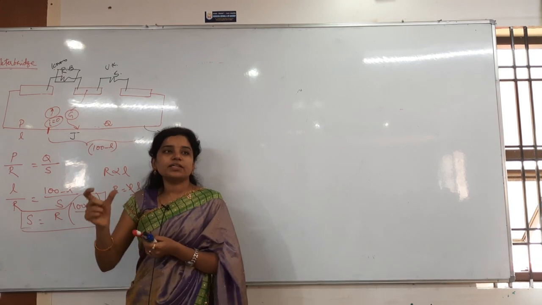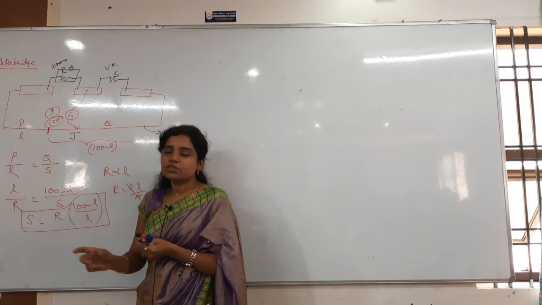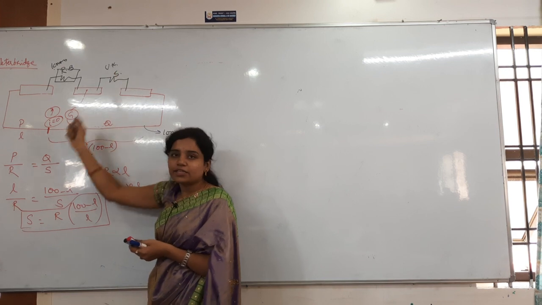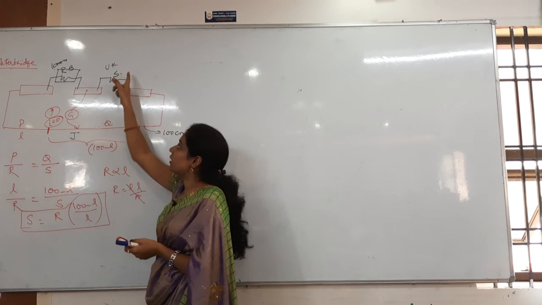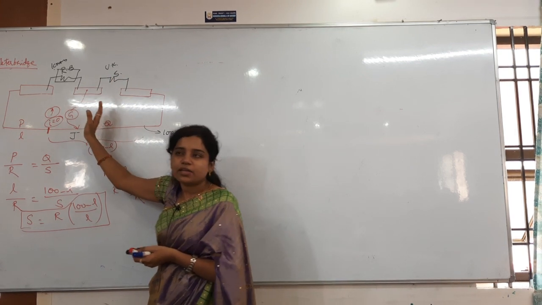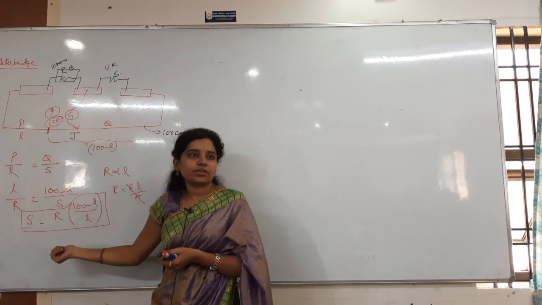Whenever I connect any resistance in parallel, I can call it a shunt resistance. So if I connect another resistance across S and it balances, then the right side resistance is R1 R2 by (R1 plus R2), the left side resistance is R only, and we get the answer in the same way.